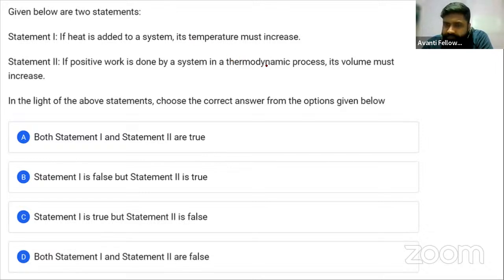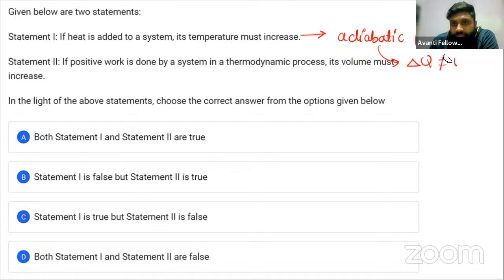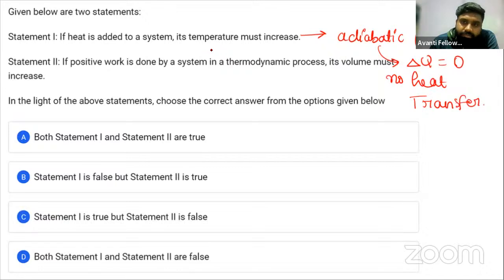No. It is not possible for all the cases, because if we talk about adiabatic process, in this process there is no heat transfer. So if there is no heat transfer, according to this statement, the temperature does not increase. Okay.